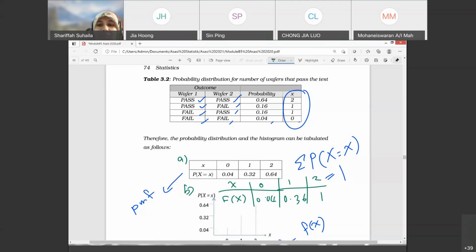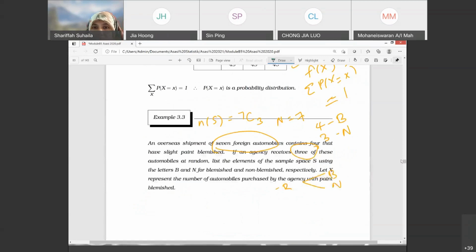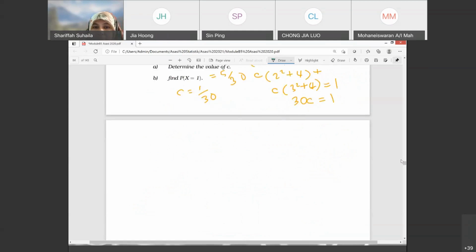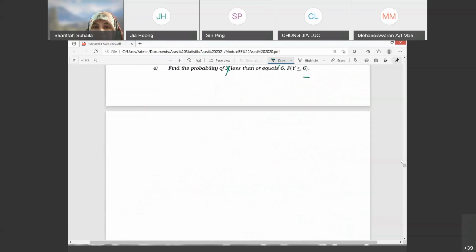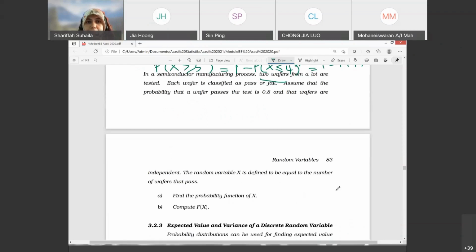Itu kamu punya capital F. F0 is 0.04, F1 is X0 plus X1, so 0.36, F2 is 0, 1, 2, so you get total 1. That is your cumulative distribution function. That's 3.6. Yes, I stop sharing this one first.